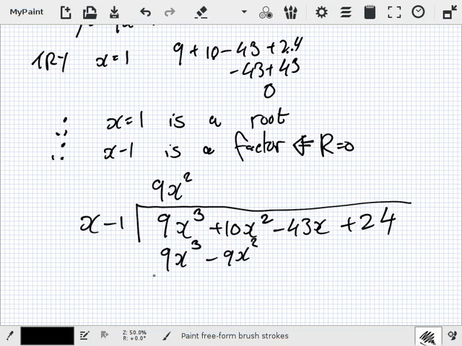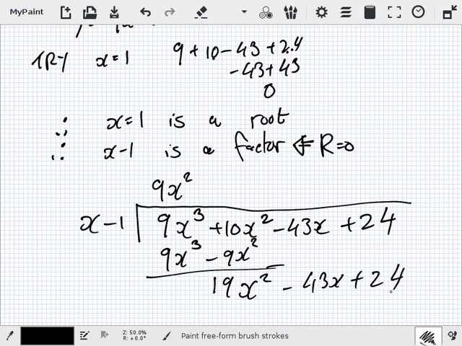Subtracting, what do I get? Are you happy with that, 19x squared? Yeah. And then carry the other two down. Okay, what's next now?